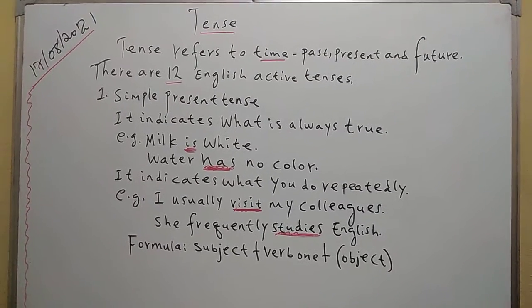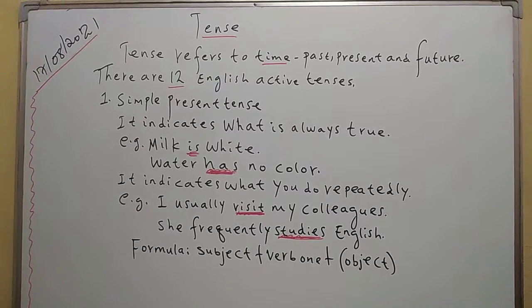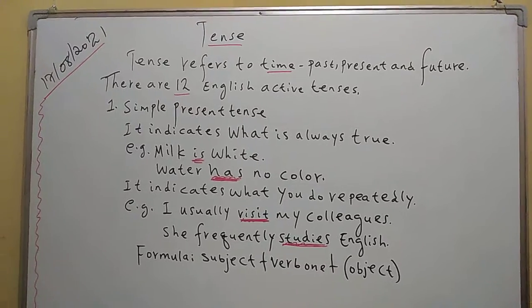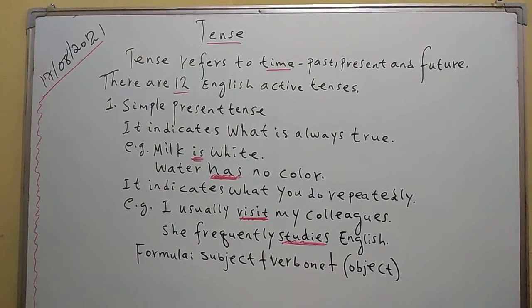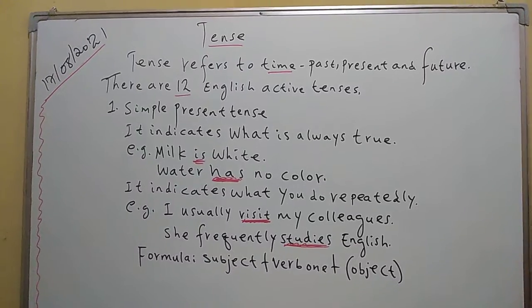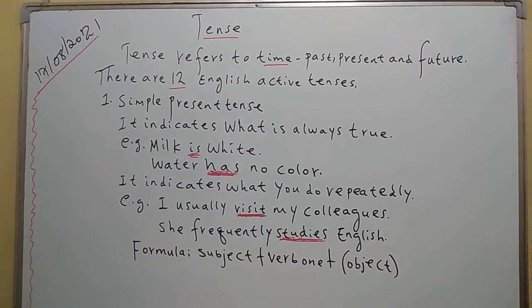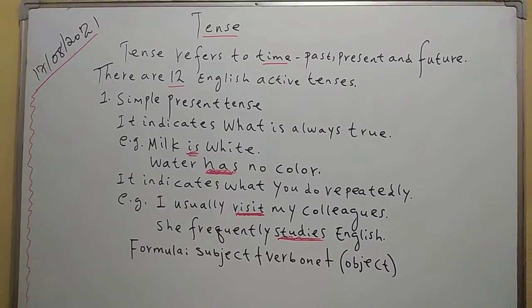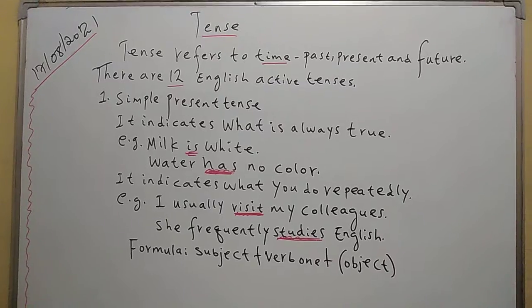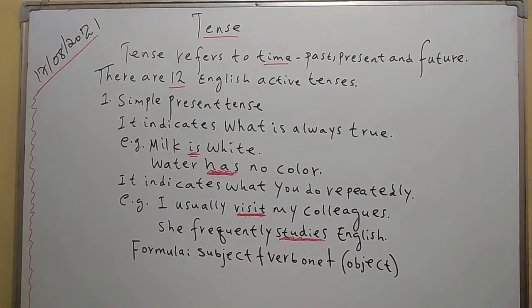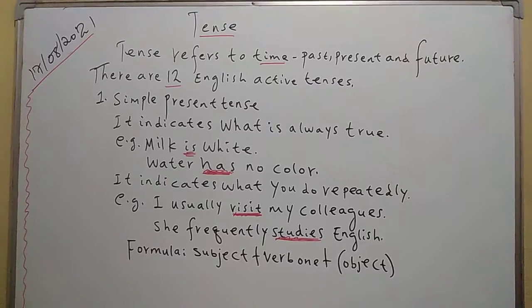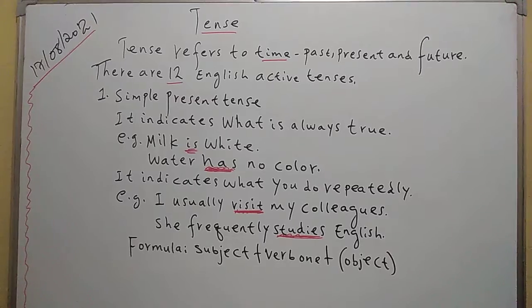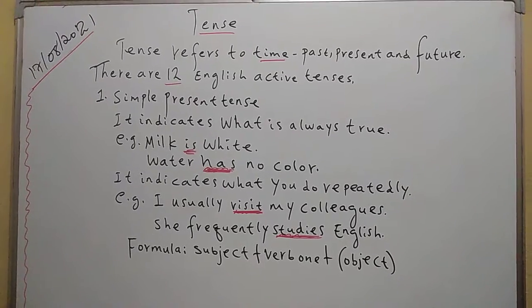So when we talk about simple present tense, it has three purposes. It is used to indicate what's always true or always real, and also what we normally, usually, or repeatedly do. And sometimes we can also use it to indicate what's already programmed or scheduled.